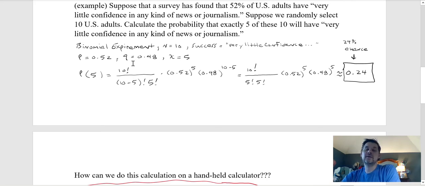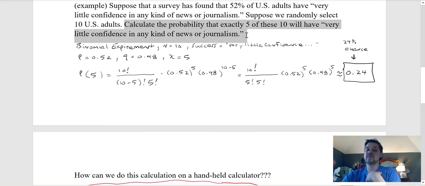Well, I have to do 1 take away 0.52, which is 0.48. And then x will be 5, because the question is, calculate the probability that 5 of the 10 who are randomly selected will have very little confidence in any kind of news. So it's like saying, what's the probability of 5 successes?